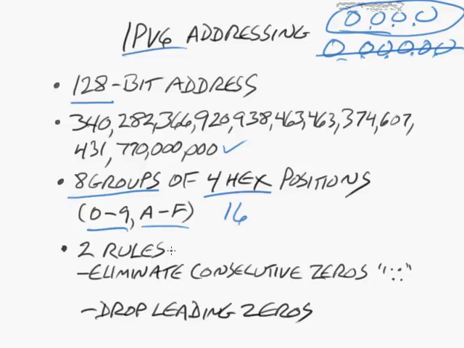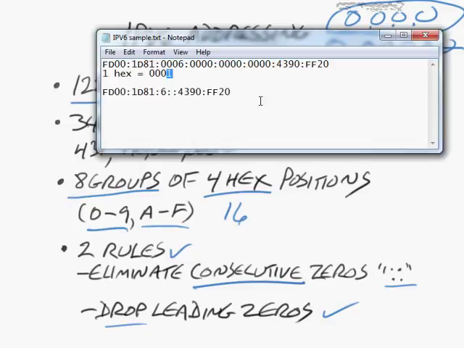Also, there's a couple of rules involved with expressing an IPv6 address. Number 1, you can eliminate consecutive zeros with a colon. I put quotes there just so you would identify what that is. It's a colon is what you'll use, and you can drop leading zeros. And in our example here, we have done just that. So, for example, here we have no leading zeros in the first group, no leading zeros in the second group.